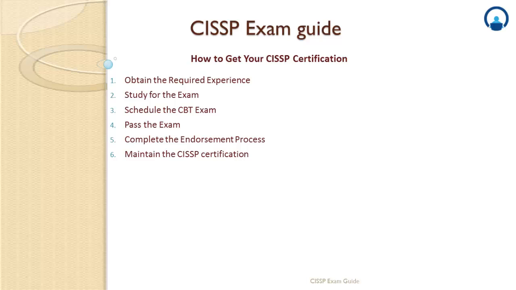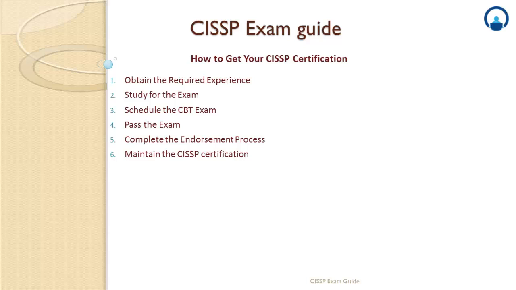After the endorsement process, you will become a CISSP professional once you have been granted the certification. After that, you have to maintain the certification. By maintaining, we mean recertification is required every 3 years with an ongoing requirement to maintain your credentials. You have to keep learning. There are multiple learning requirements you will have to fulfil, and every 3 years there is a recertification.